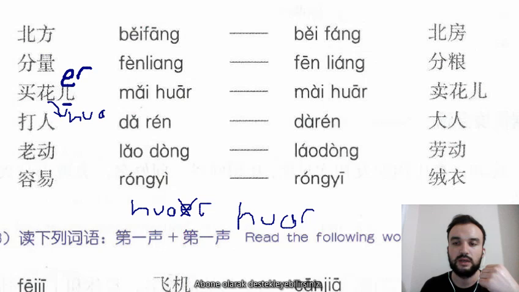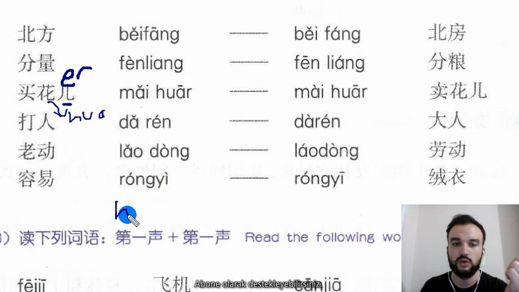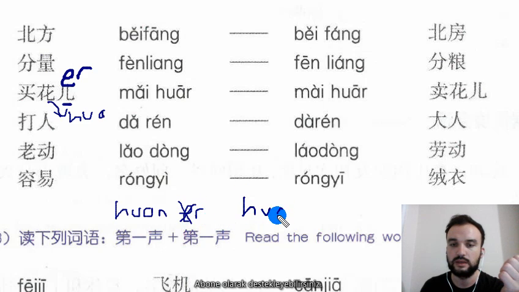And another rule: for example, we have a character whose pinyin is Juan, and we add R. Again, we don't add this E, and we write it Juan with R together here.